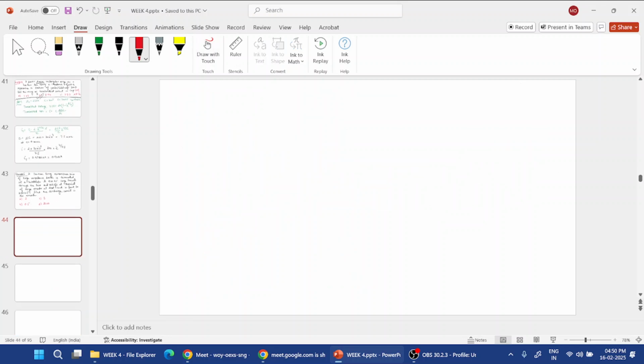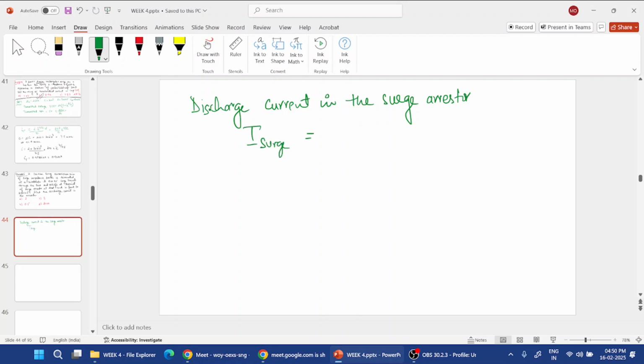So basically the discharge current in the surge arrestor, I surge, is equal to 2V minus V arrestor voltage, divided by its impedance.